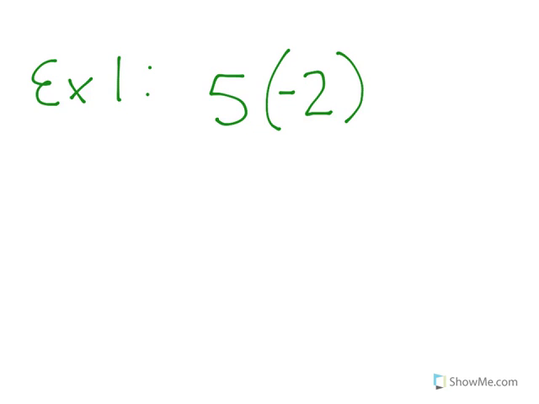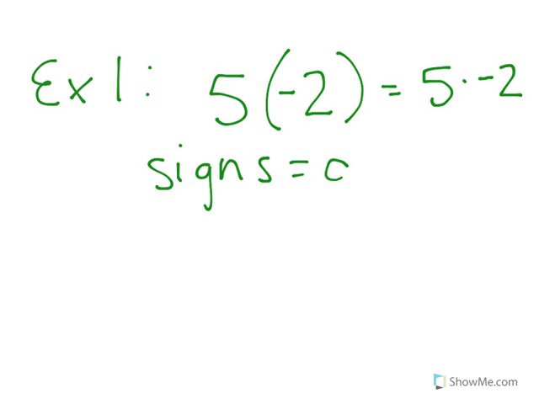This is the same way of writing 5 times -2. You can just separate the 5 and the -2 with parentheses, and that really means just 5 times -2. So 5 is positive and -2 is negative, so the signs are different.